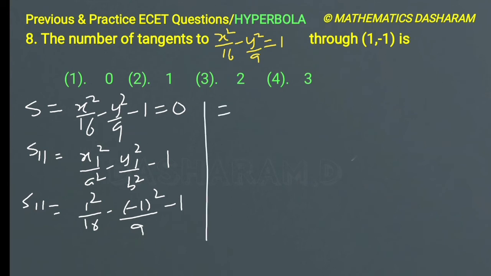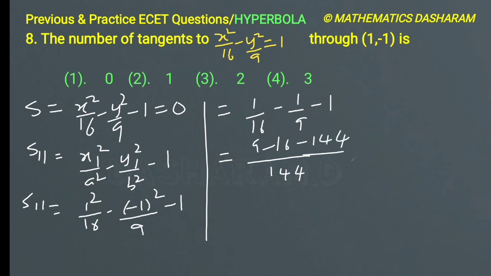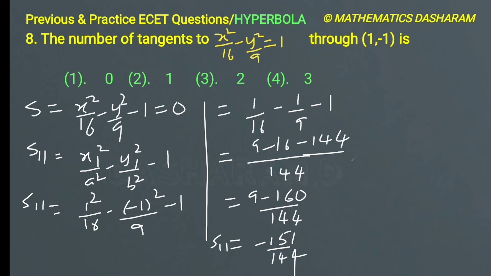So let's simplify this. It equals 1 square is 1 by 16 minus 1 square is 1 by 9 minus 1. So the LCM is 16 into 9. 16 nines are how much? 144. So here 9 minus 16 minus 144. So it equals 9 minus 16 minus 160 by 144, which is minus 151 by 144, the S11 answer. So it is a negative answer, then it is less than 0.